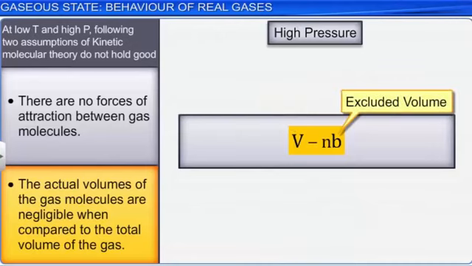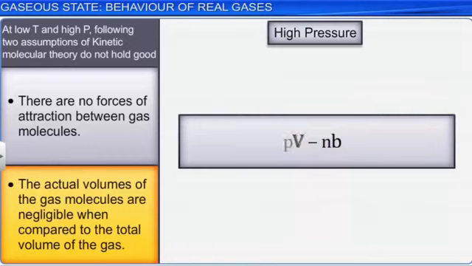After substituting the two corrections of pressure and volume in the ideal gas equation, PV is equal to nRT, we get P plus a n square by V square multiplied by V minus nb is equal to nRT. This equation is known as van der Waals equation.